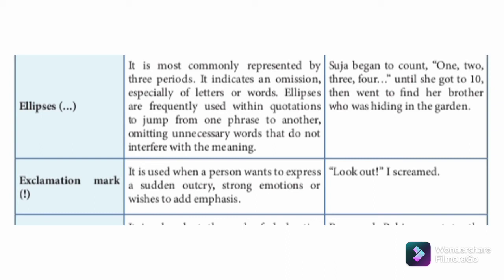This exclamation mark is used when a person wants to express a sudden outcry, a surprise, or a strong emotion, wishes to add emphasis. Example, look out! I screamed. There we have the exclamation mark immediately after the outcry, look out.